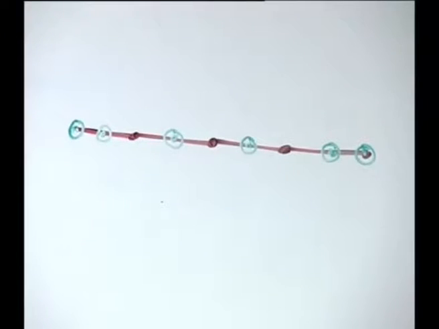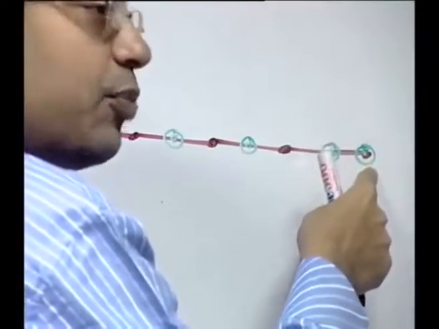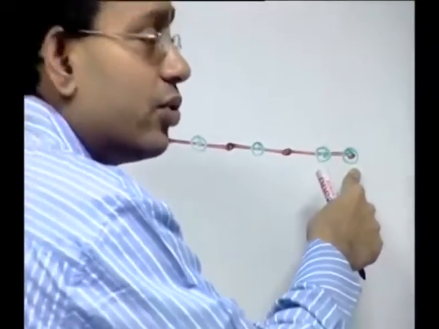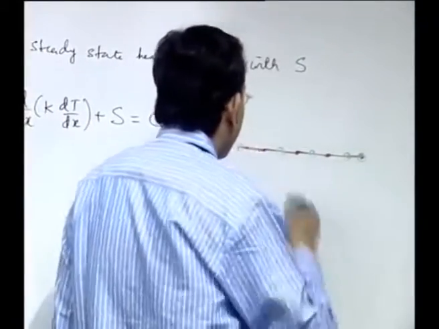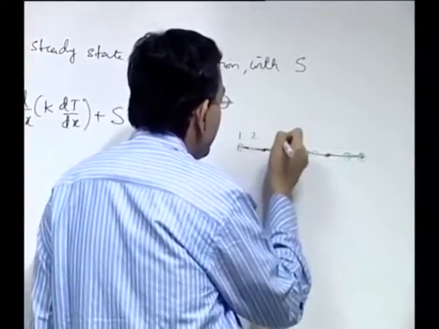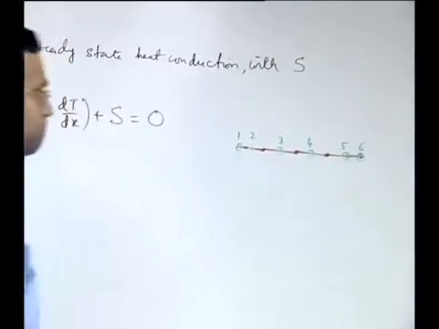So, in addition to the centroids of the control volumes, you should consider grid points at the boundaries, because you have to have points through which you implement the boundary condition. Then you can give these points some numbers, say 1, 2, 3, 4, 5, 6 like that.